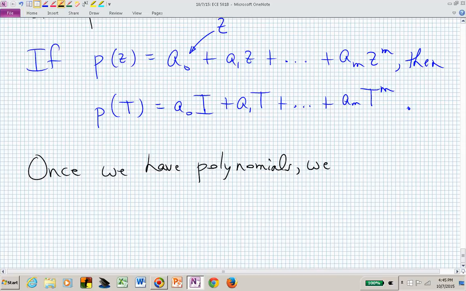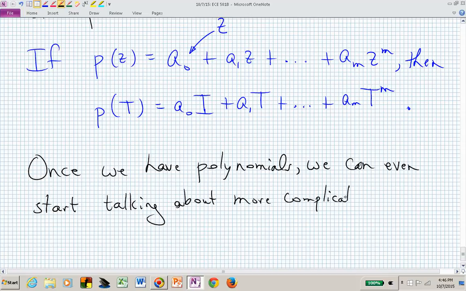Instead of saying, oh boy, what's the cosine? Well, let me write that in terms of a polynomial. Or what's the sine? So once we have polynomials, we can even start talking about more complicated functions of operators.